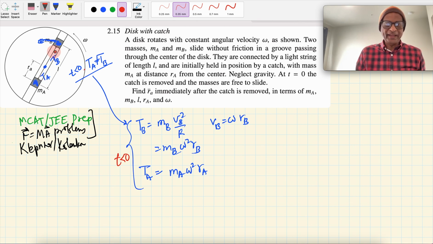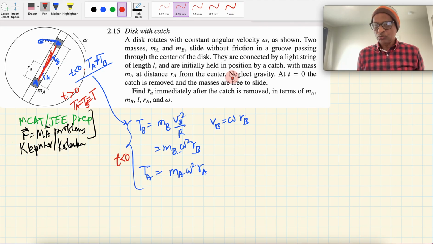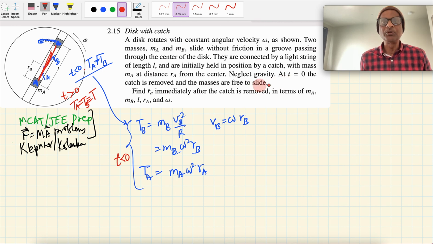Now, when you let go of the catch, these guys can slide around and adjust such that the tension here will become the same. So for t greater than 0, TA equals TB, let's call it common T. So having understood the situation, we're supposed to do this: at t equal to 0, the catch is removed, the masses slide, and we find this, what that is.